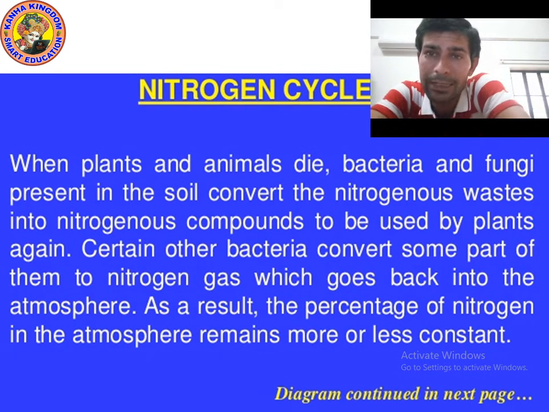Plants take nitrogen from the atmosphere and they prepare protein compounds and many other compounds. And animals eat plants, so they get nitrogen and protein compounds from plants.